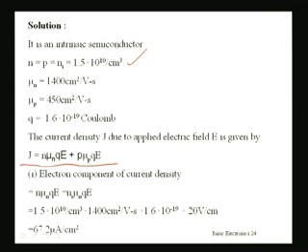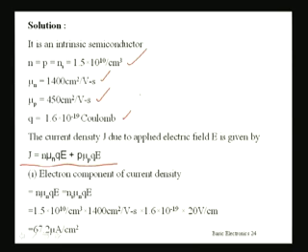Electron mobility and hole mobility are also given. Electron mobility mu n is 1400 centimeter square per volt second, and hole mobility is 450 centimeter square per volt second. But the charge of an electron is not given. It is supposed that you know this, and its value is standard 1.6 into 10 to the power minus 19 coulomb. So it is simple to find out this current density J given by this equation.